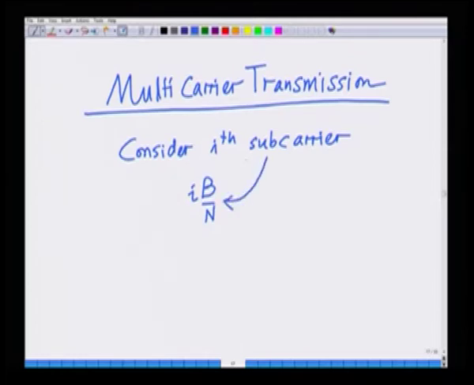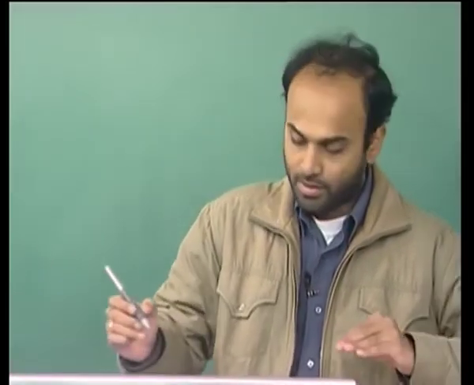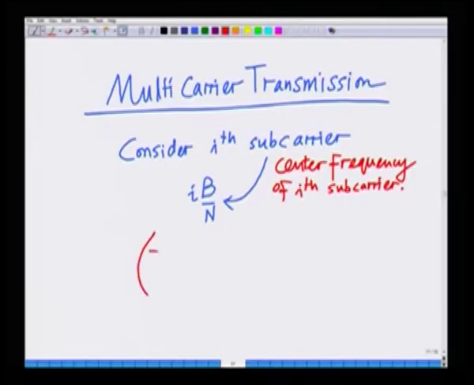This is the center frequency of the ith subcarrier, where this index I is such that minus n by 2 minus 1 is less than or equal to I is less than or equal to n by 2.